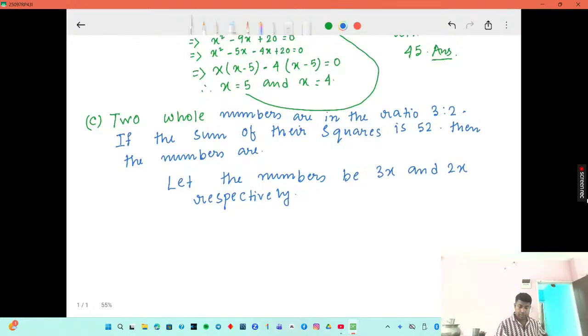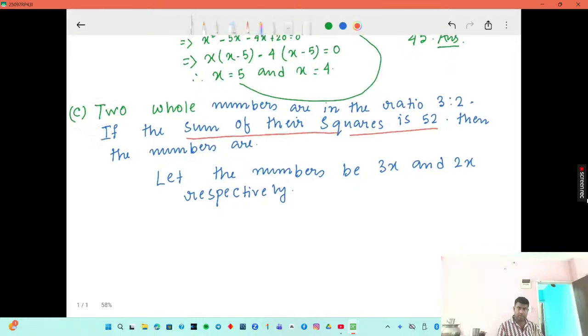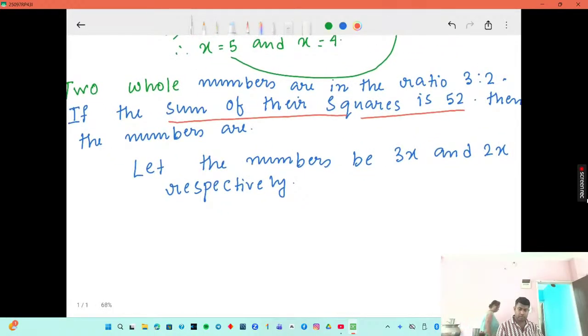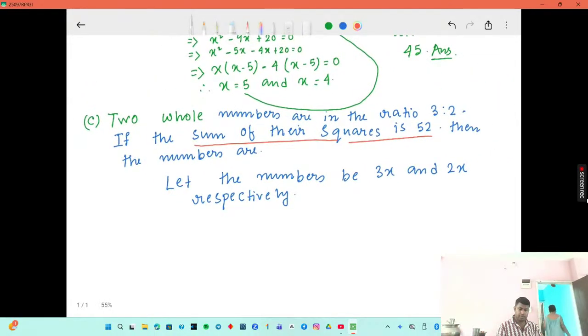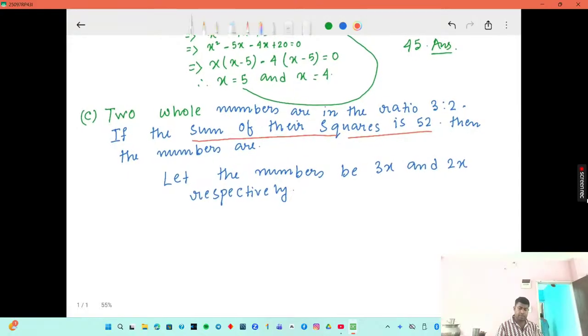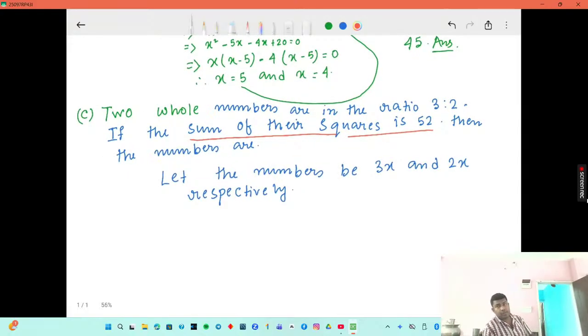Okay, so now we can write the condition in this question, which is given as the sum of their squares is 52.